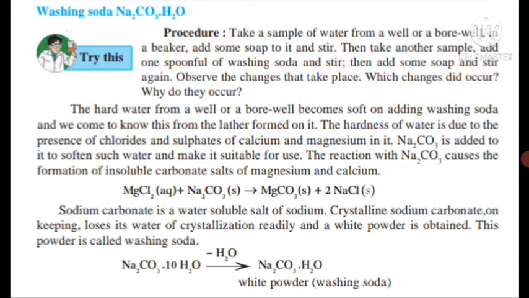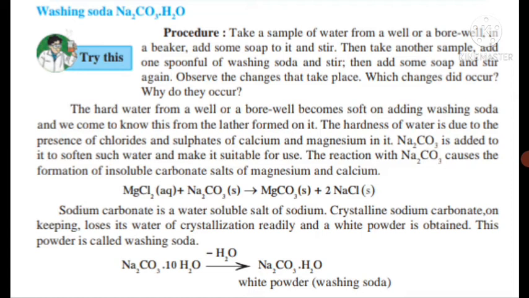for use. The reaction with Na2CO3, meaning sodium carbonate, causes the formation of insoluble carbonate salts of magnesium and calcium. So in the chemical reaction, we can see that magnesium chloride, MgCl2, when it combines with sodium carbonate, meaning washing soda, Na2CO3, then we get MgCO3.